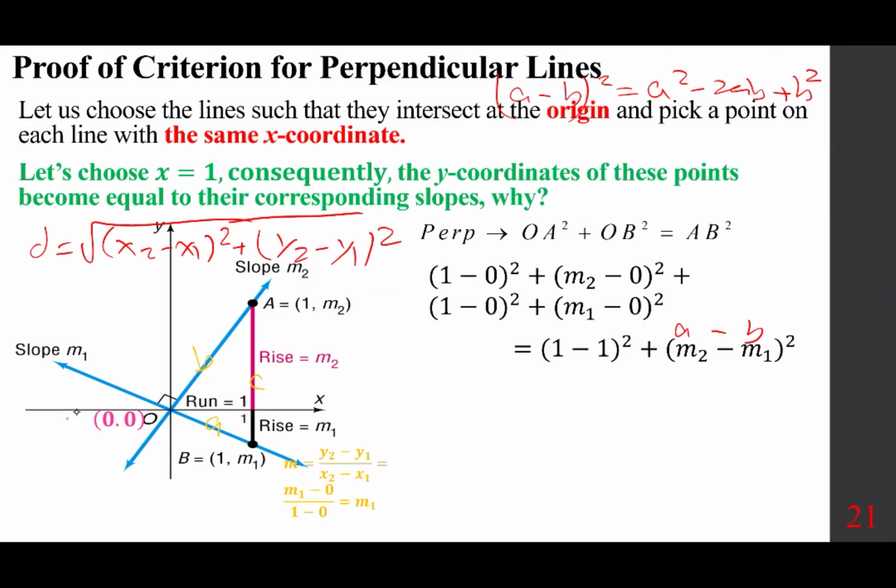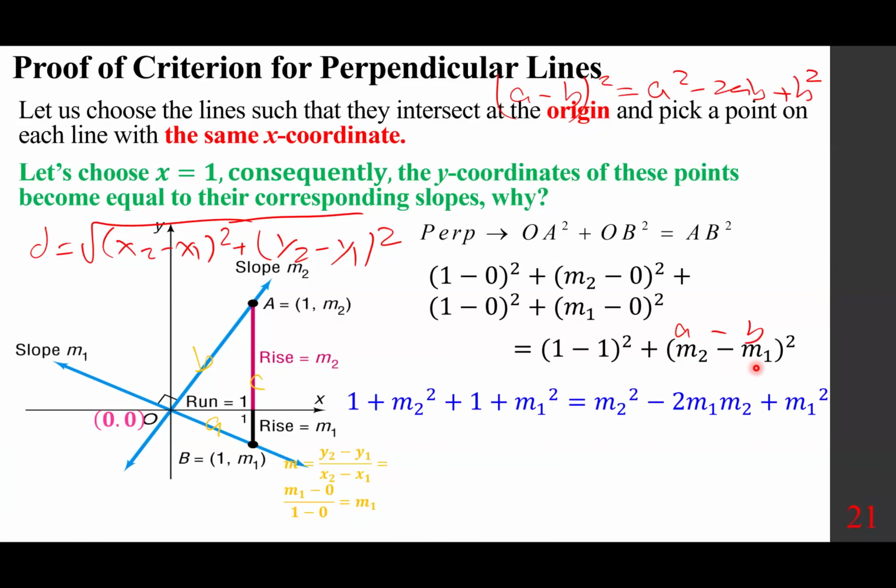Therefore, this one is m2 squared minus 2 m1 m2 plus m1 squared. I hope everybody understands what I'm trying to say here, because it has got to do with knowing perfect square trinomials.